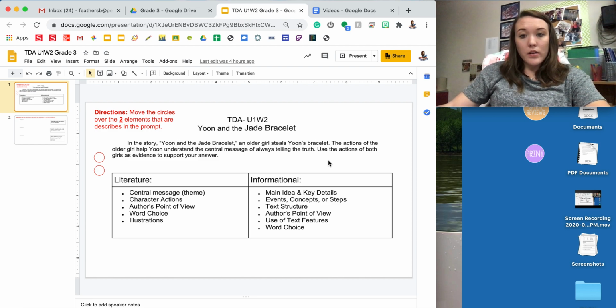I am noticing the word actions matches one of my elements down here, character actions. I need to identify that character actions are one of my elements. To do this, I am going to drag one of these circles on top of character actions.